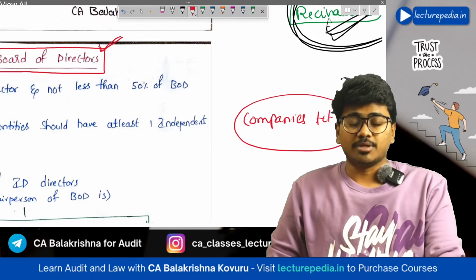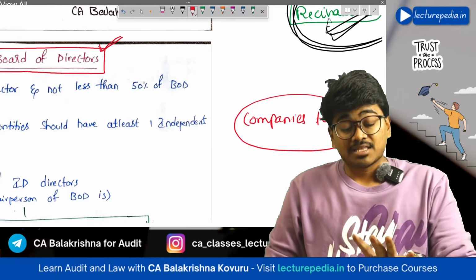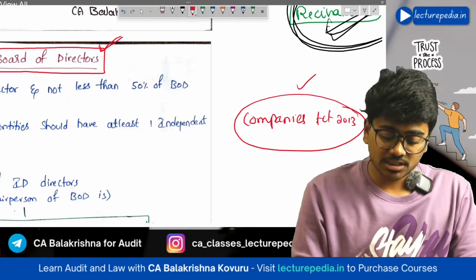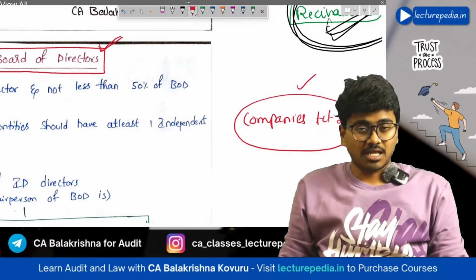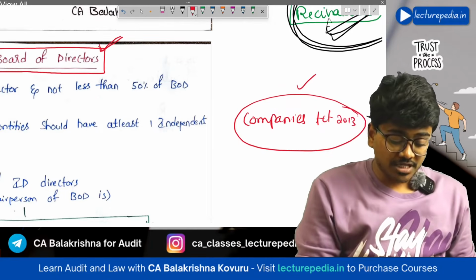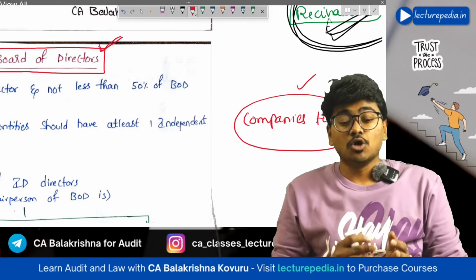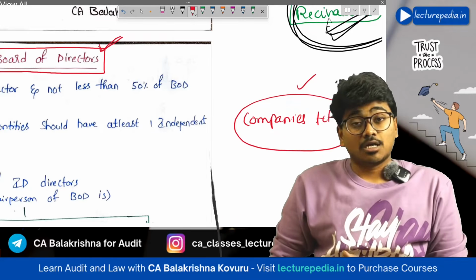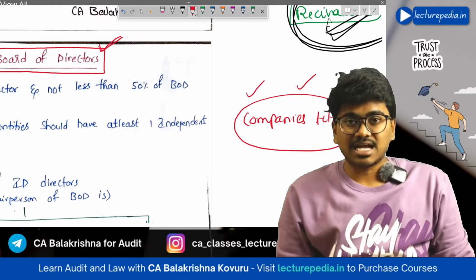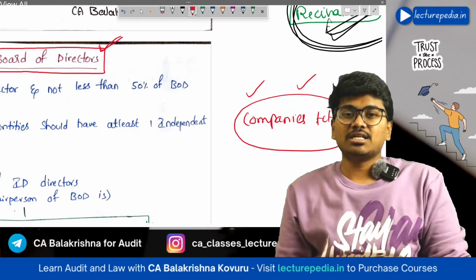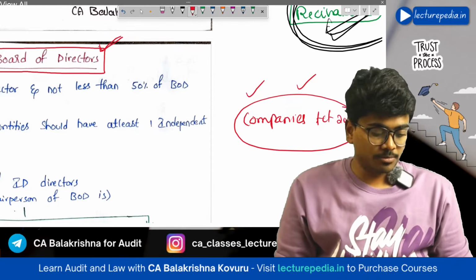There should be a minimum of 2 directors. Now the requirements of the Companies Act are applicable to all companies broadly, whereas requirements of LODR regulations are applicable to only listed entities. Listed entities have to follow both the Companies Act as well as LODR regulations. Hope that is clear.